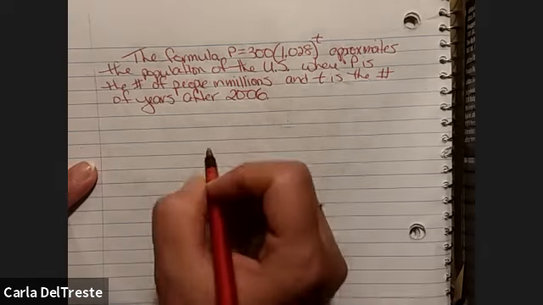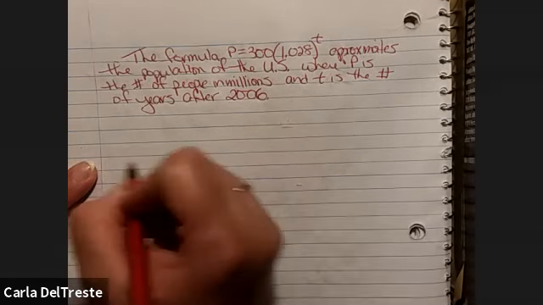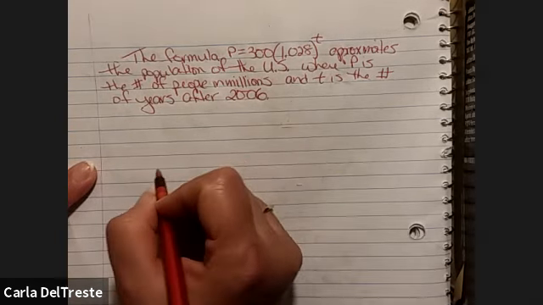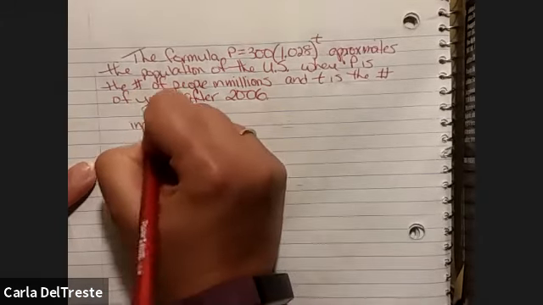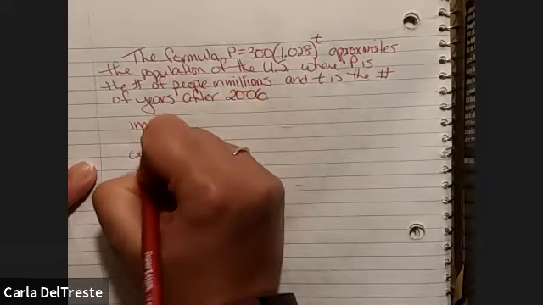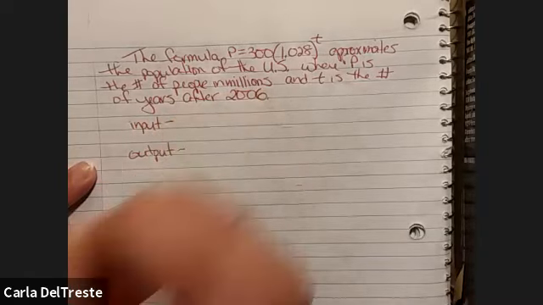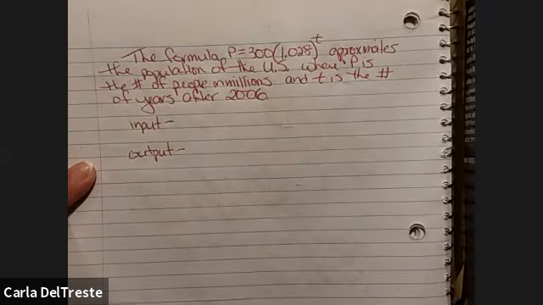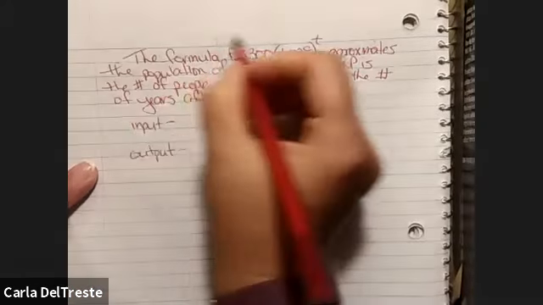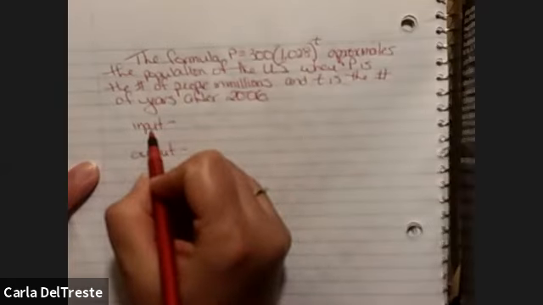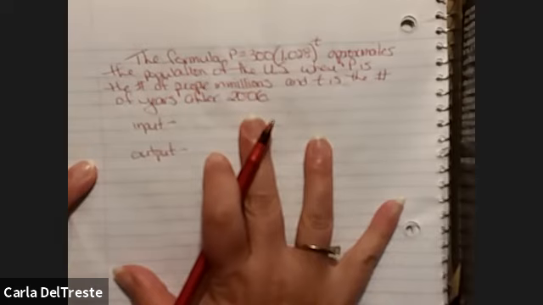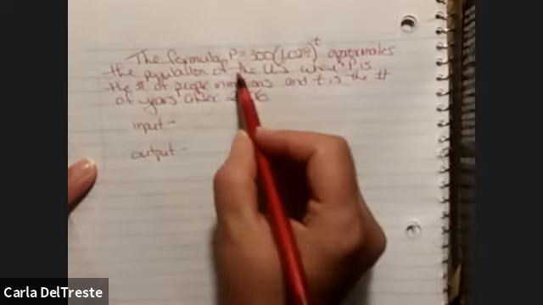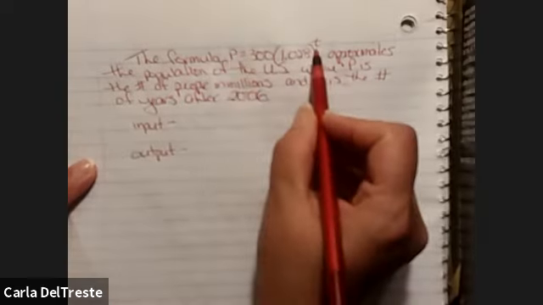The first thing, even if you're not physically asked by the problem, that you should ask yourself is, what is my input in this situation and what is my output in this situation? Think about this: input is independent. It's going to be something that's going to occur no matter what. So I have population and I have time.